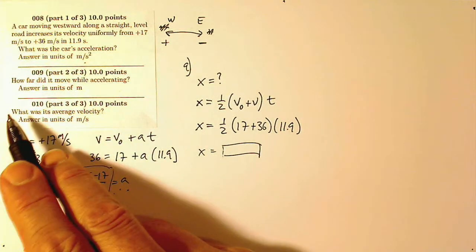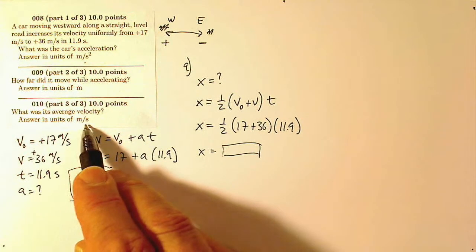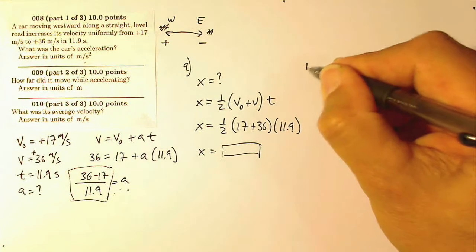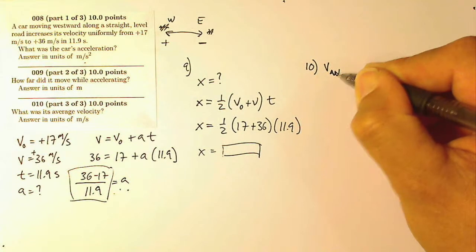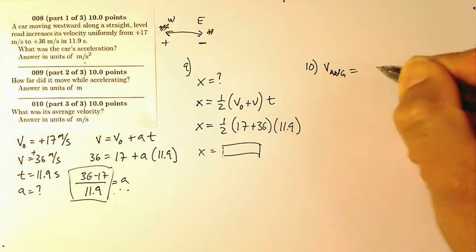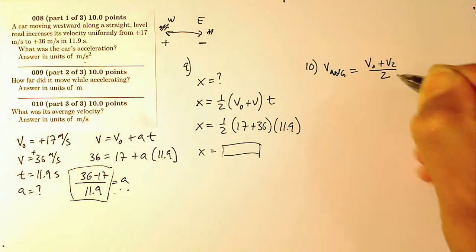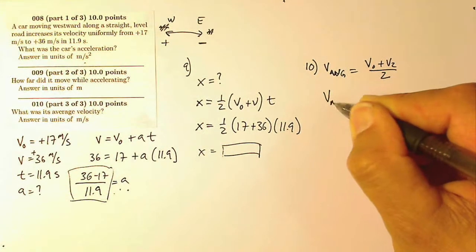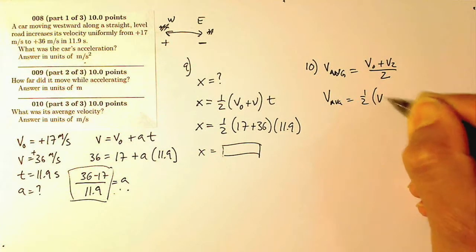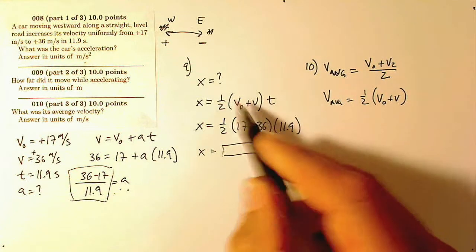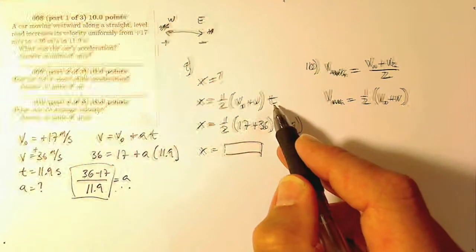My third question, question number 10, says, what was its average velocity? Answer in meters per second. My average velocity, v average, is going to be my initial velocity plus my final velocity divided by 2, or 1/2 (v0 plus v), which was the beginning of the previous equation, because my displacement is my average velocity times my time.